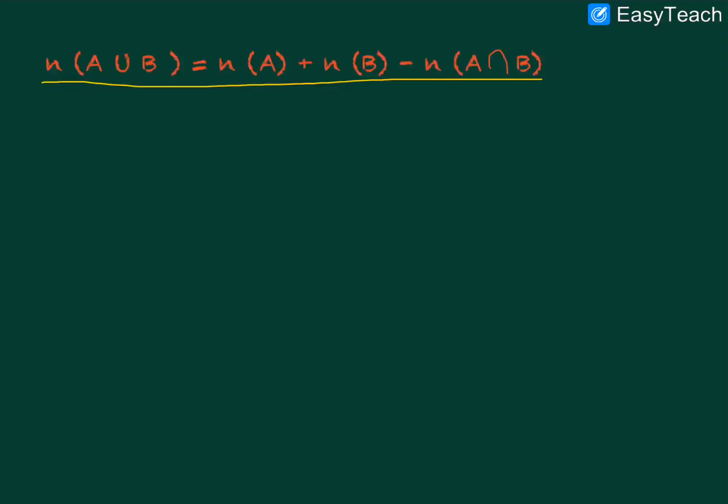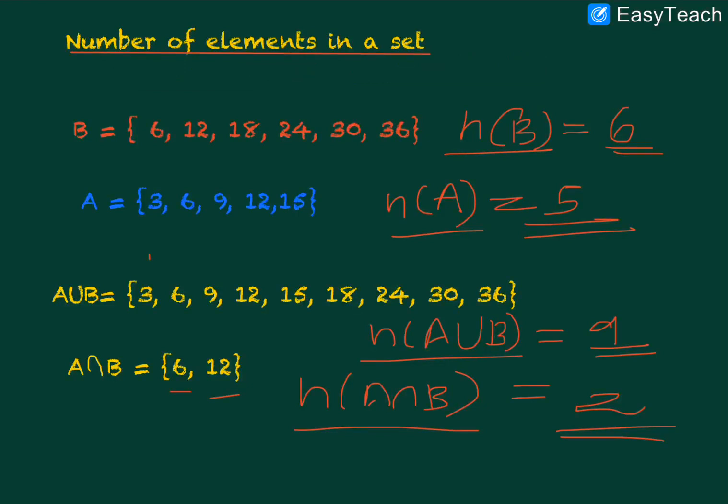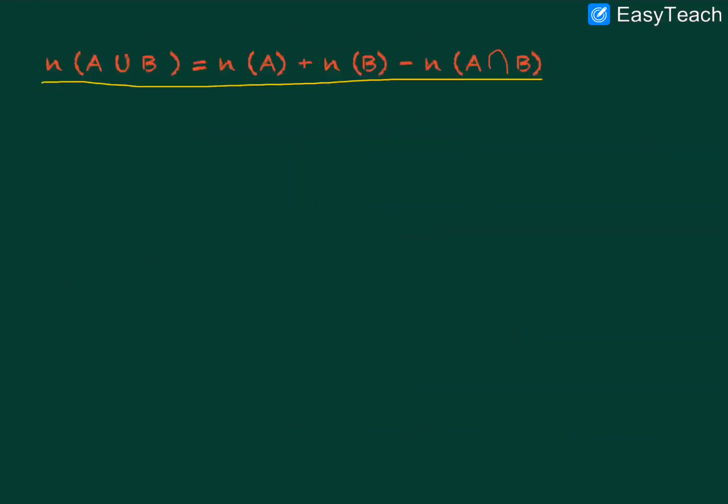We are going to substitute. Here an equation is given, so we have to solve this equation. We have to prove this equation is correct by substituting these values into the equation. I can take this side of the equation, that is, we have to substitute values in place of n(A), n(B) and minus n(A intersection B).